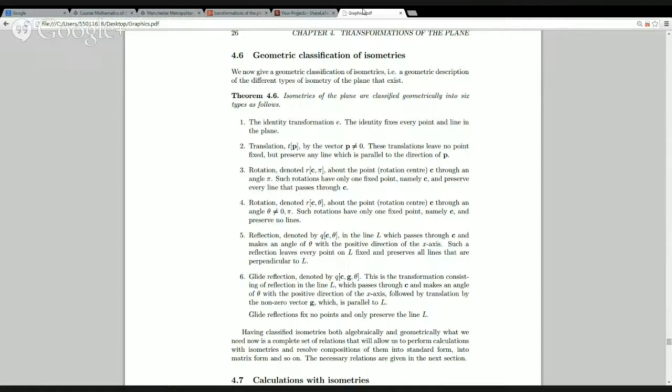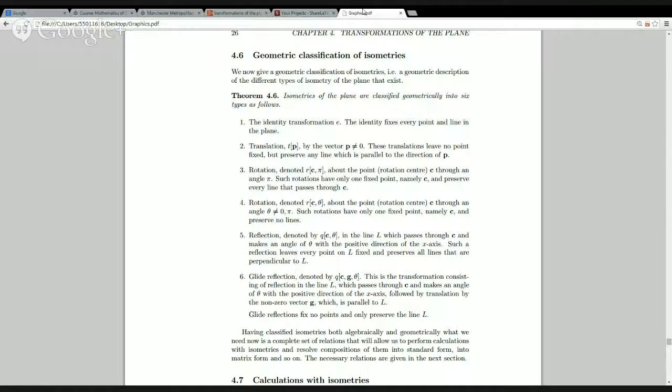well, they don't fix any individual point, because every individual point is going to move. But of course, for type 2, if you're translating by the vector p, any line through the origin which is parallel to p, as a whole geometric object, as a line, it's going to stay fixed, or it's going to be preserved.